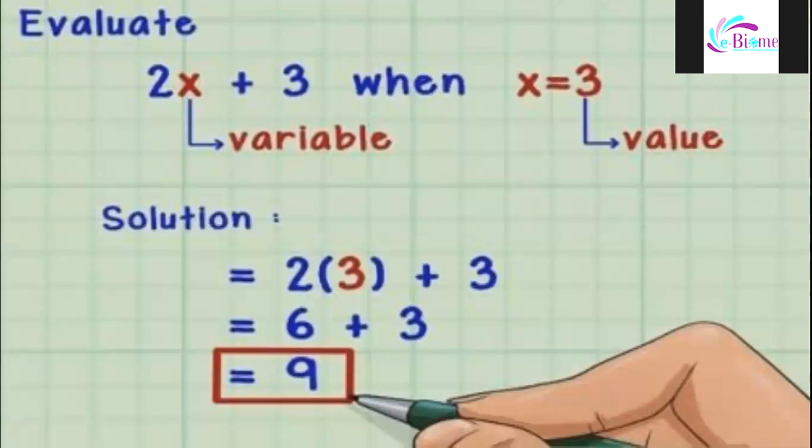So let's look at it here. 2x, x is the variable, when x equals 3, and 3 is the value of the variable. So they're asking us to evaluate the following expression, 2x plus 3 when x is equal to 3. So they give us the variable, and they give us a value for that variable.